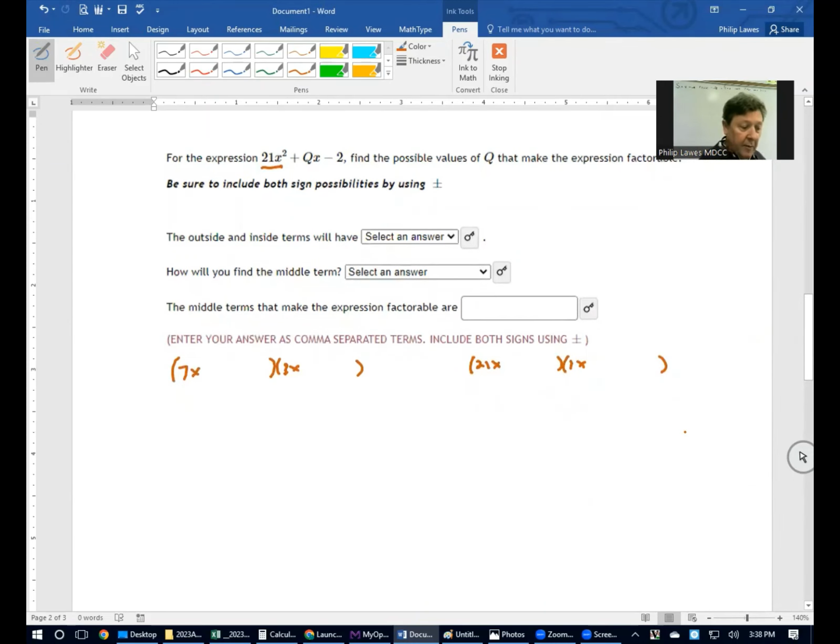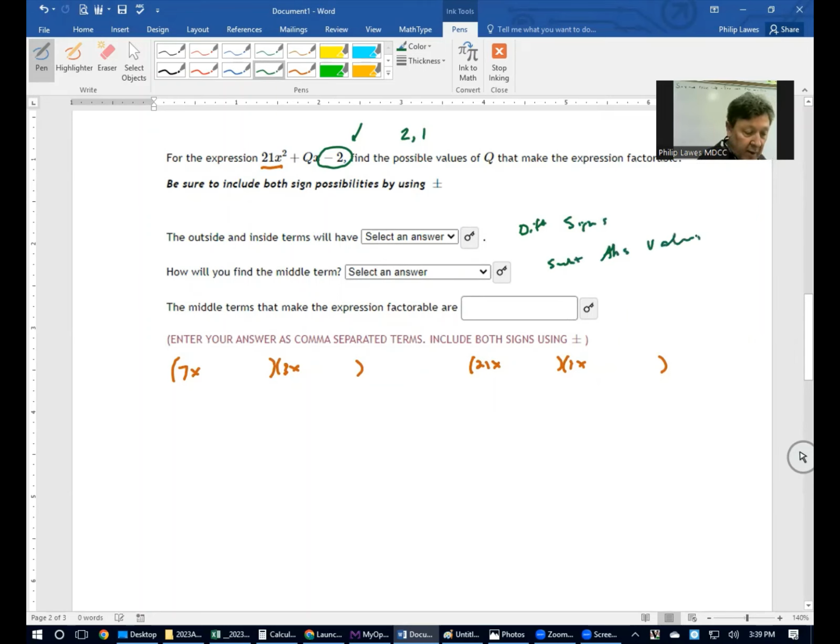Now, each of those I could pair with the factors of -2, which are 2 and 1, but they have different signs because it's a -2. That means they're going to have different signs. So I'm going to subtract the absolute values to get the middle terms.